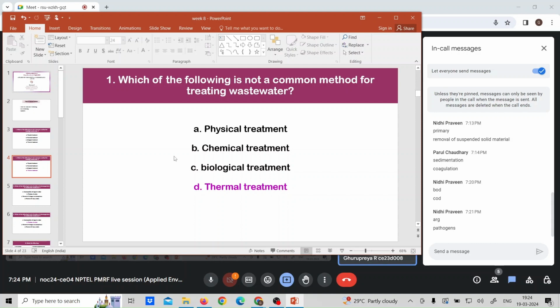So whenever you are going to think about wastewater treatment, just have in mind that your final wastewater should have characteristic parameters that are lesser than the standards mentioned for the purpose for which you are going to use the water. Is that okay?